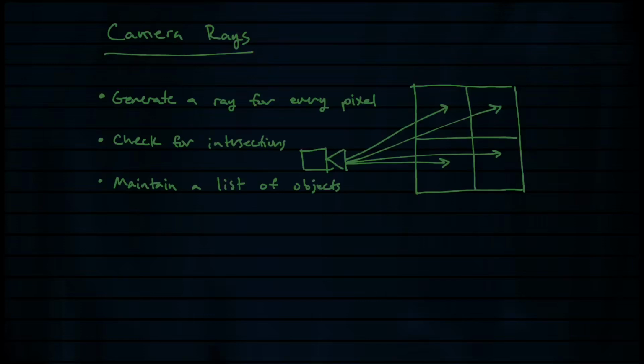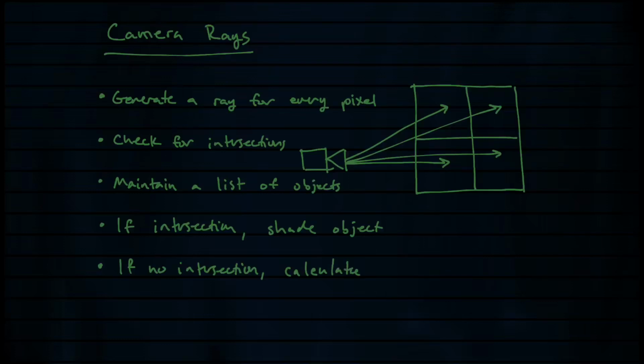And so if there's an intersection, then we'll shade the object. And if no intersection, then we can calculate a different color, such as the sky.